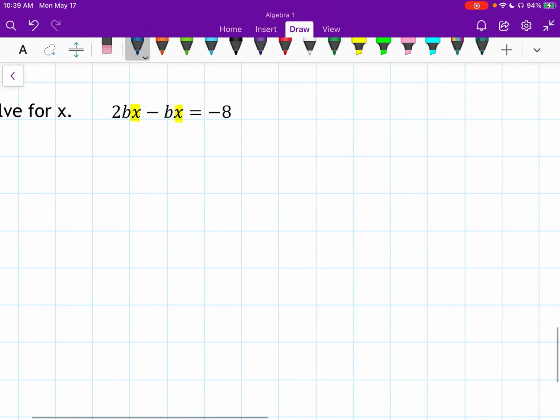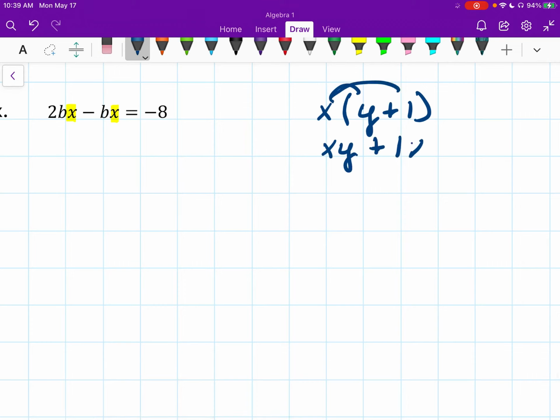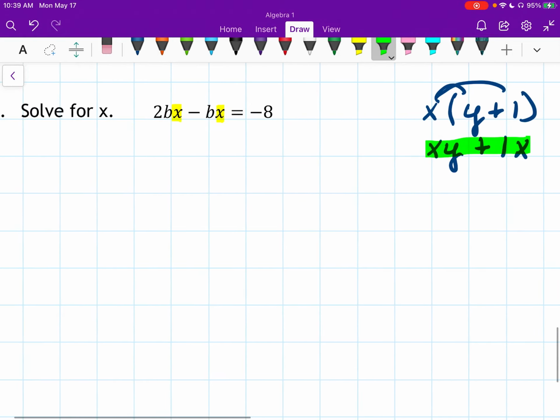So we know that if we had something like x times, I don't know, y plus 1, we distribute our x and we'd have xy plus 1x. Now, if we were given this and we were told to factor, we would undo the distributing. We'd pull the x out and we'd end up with what we had at the top there. That's what we're going to have to do here whenever we're solving for x.